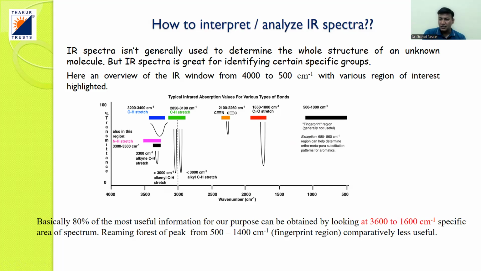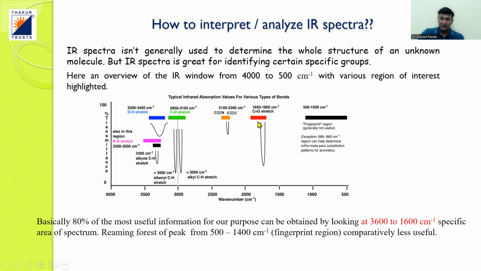So we have to focus on the region after 1500. It starts from carbon double bond oxygen, meaning ketone, aldehyde, acid, ester. We can have stretching frequencies around 1650 to 1800.